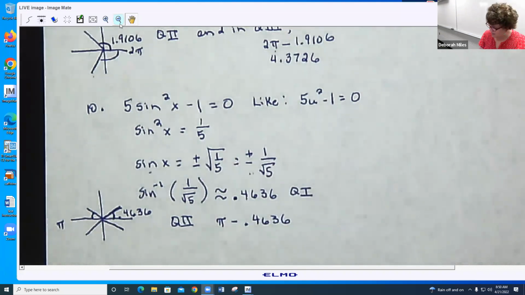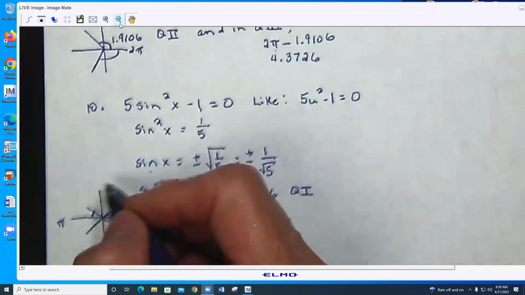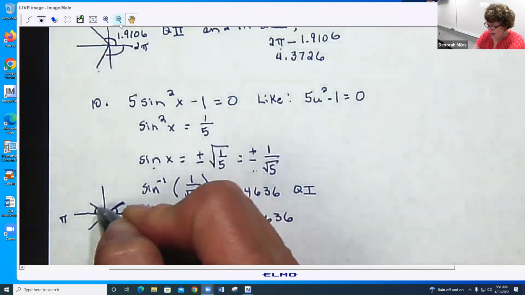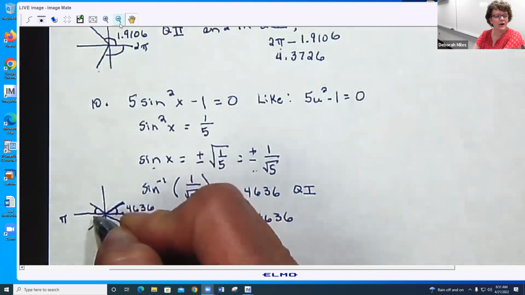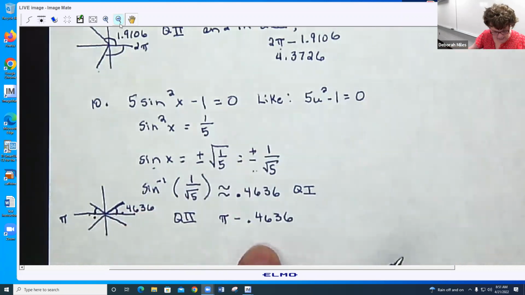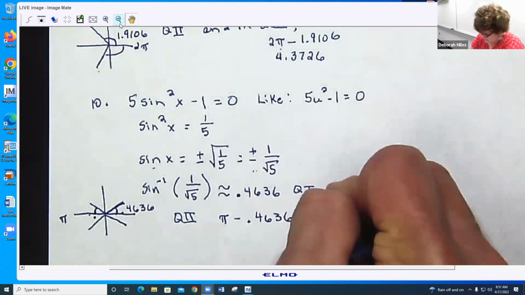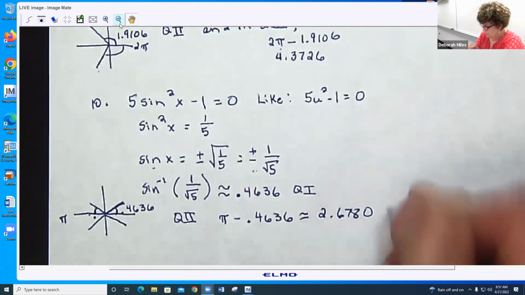Does that make sense, Dominic? Yes. If I'm going counterclockwise, I'm not quite at pi yet, so I subtract pi minus the 0.46. I got that to be about 2.6780.